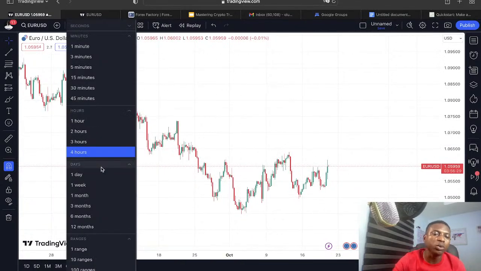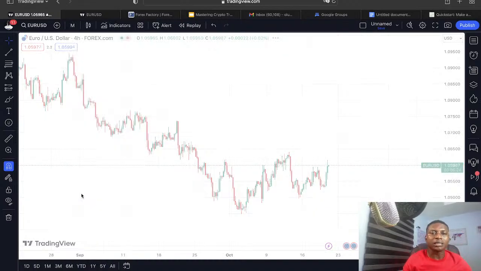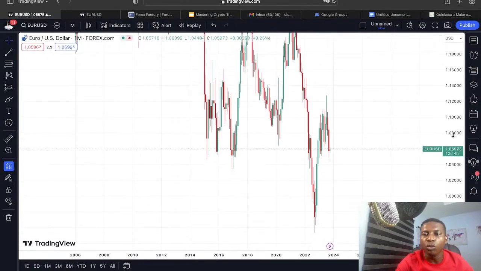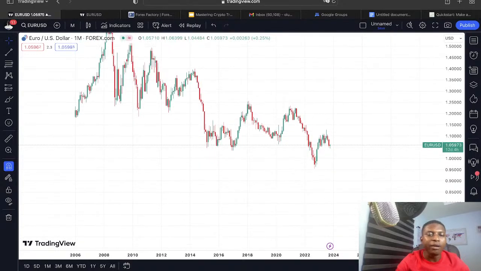We would start with the top-down approach to trading. Let's start from the monthly time frame so that we can have a broader view of the market, before we streamline down to a clearer view on the lower time frames.